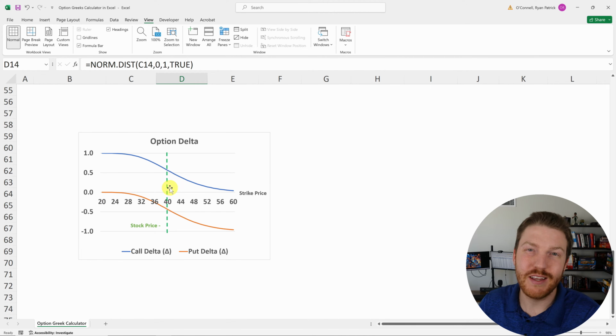It is almost a near certainty, or almost a 100% probability, that this call option that we purchased is going to expire in the money. There is a huge margin by which the stock's price could fall, and we would still be able to execute this call option. So we expect to be able to exercise it with almost 100% certainty.